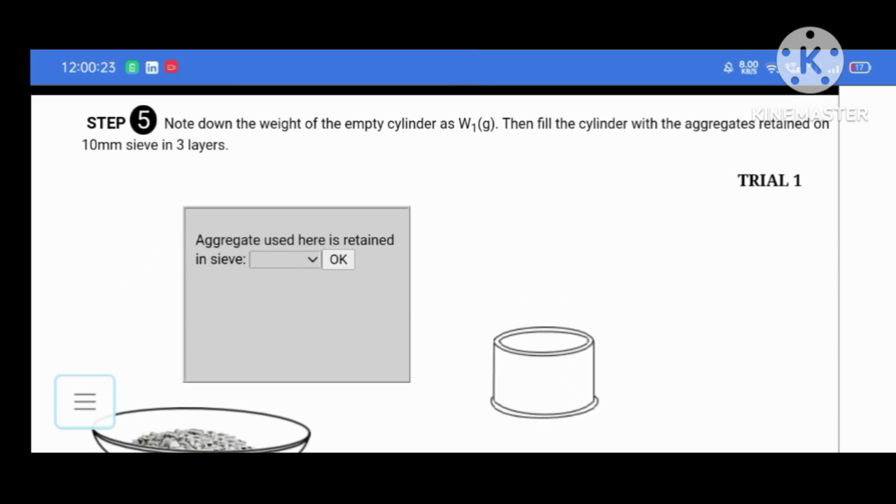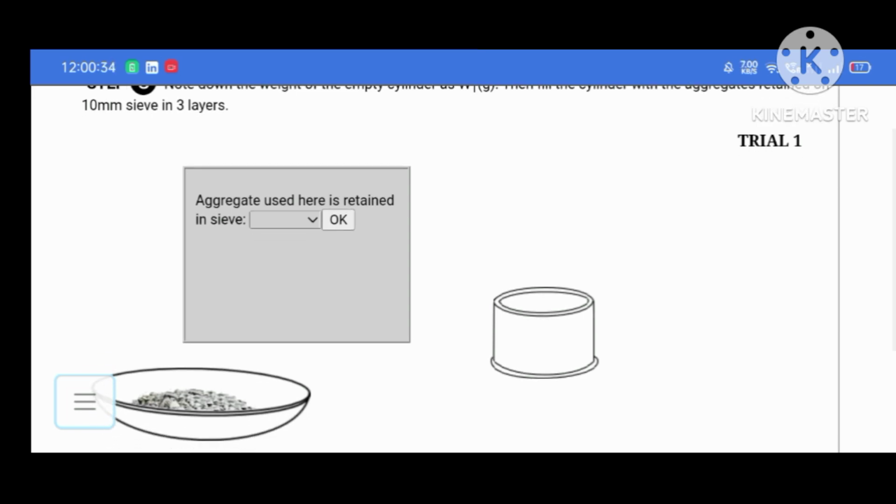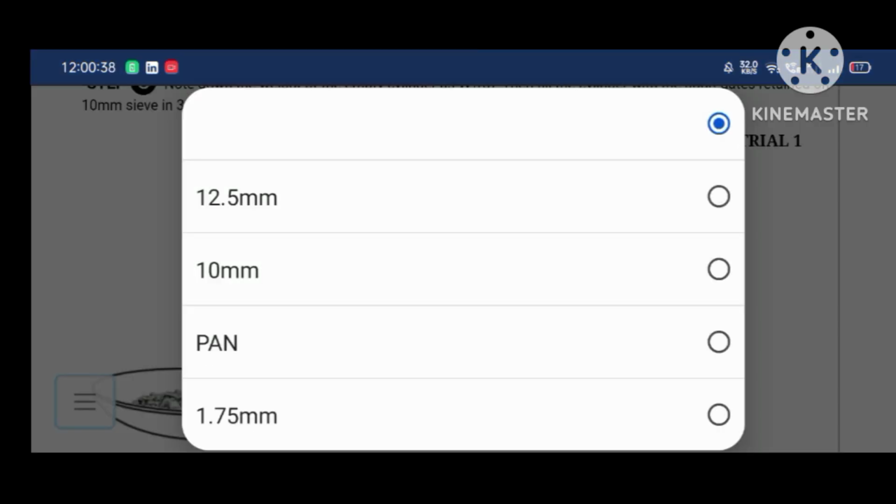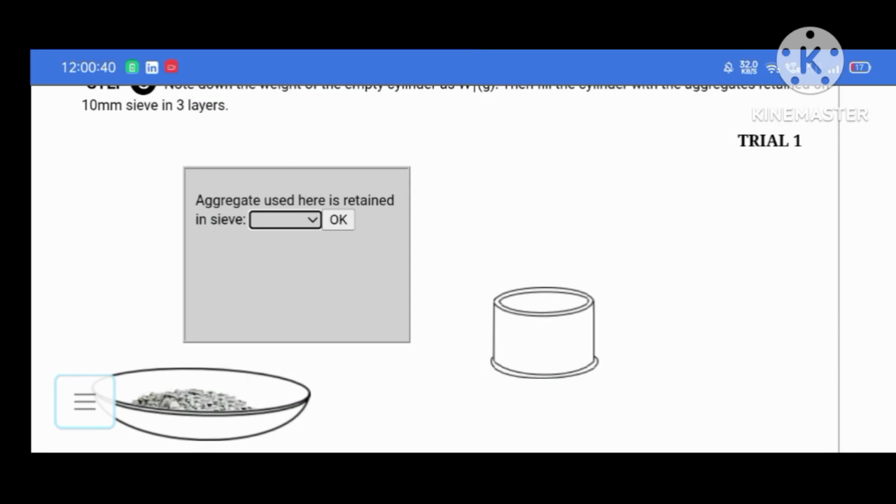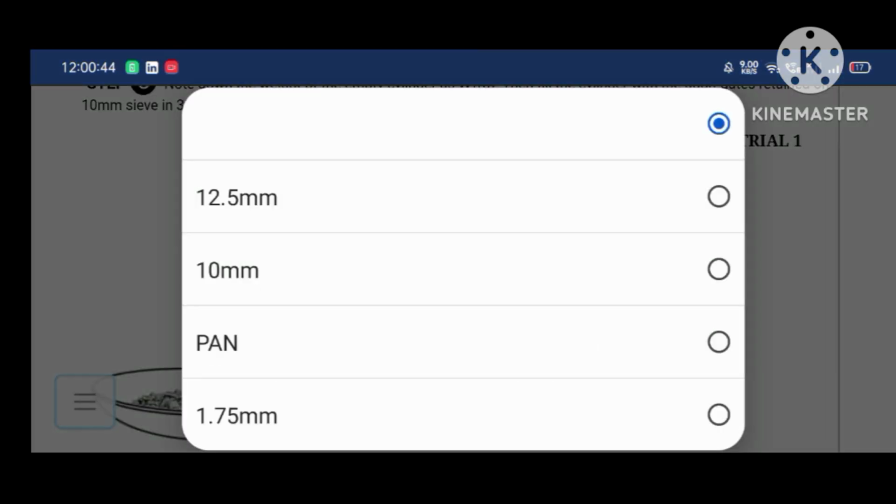Step number 5 says: note down the weight of the empty cylinder as W1 gram, and then fill the cylinder with the aggregate retained on the 10 mm sieve in layers. Here the aggregate used is the one retained on the sieve, I think 10 mm.